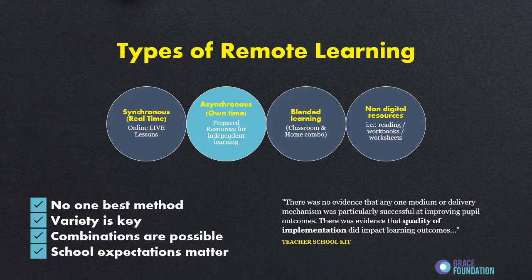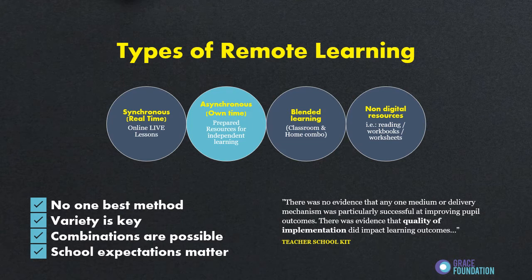Some of the better examples of good practice have been where there have been combinations. So you've had real-time live lessons mixed in with some pre-recorded elements. There's been that link between what's going on at home and the classroom, and teachers have been really thinking about how they execute lessons in new and dynamic ways.